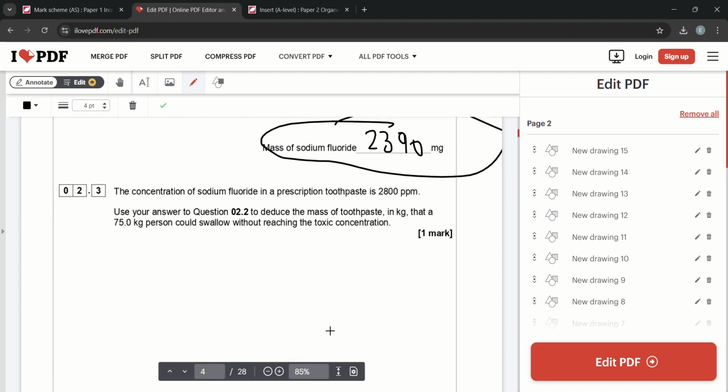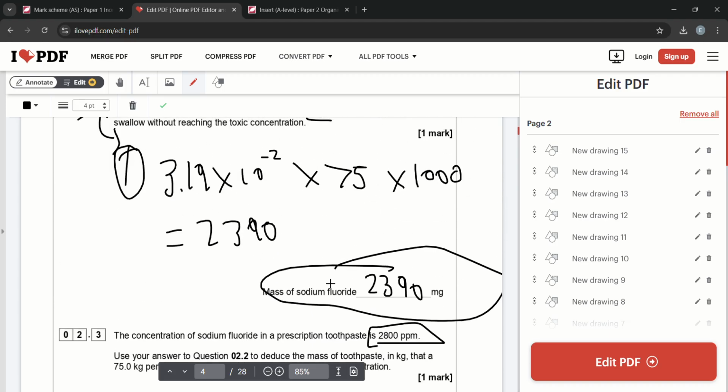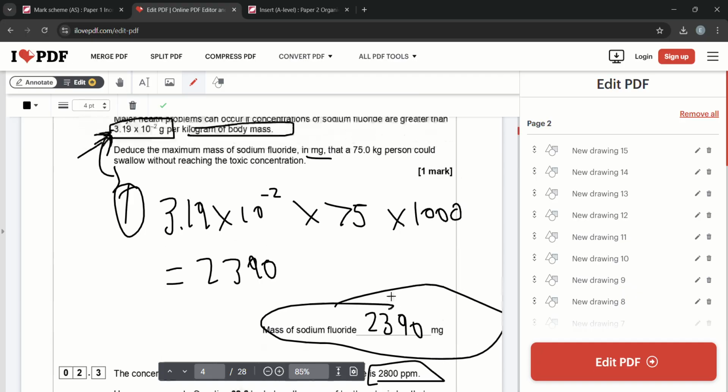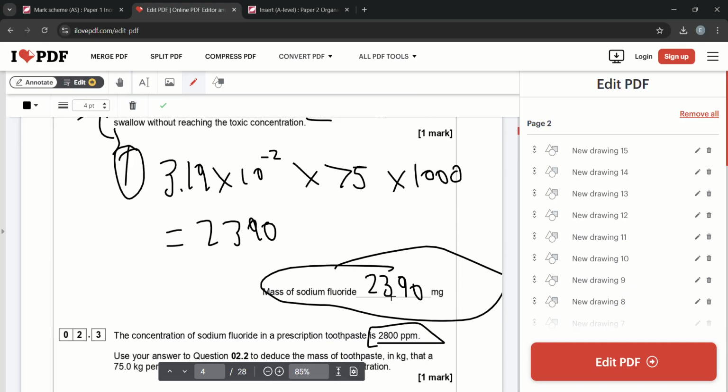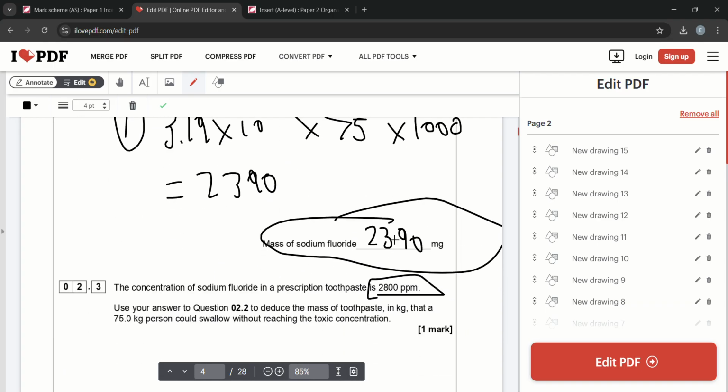2.3, the concentration of sodium fluoride in a prescription toothpaste is 2800 ppm. Use your answer to question 2.2 to deduce the mass of toothpaste in kg that a 75 kg person could swallow without reaching the toxic concentration. So the concentration in prescription toothpaste is this, and we know the maximum mass of sodium fluoride without reaching a toxic concentration for a 75 kg person is 2390.